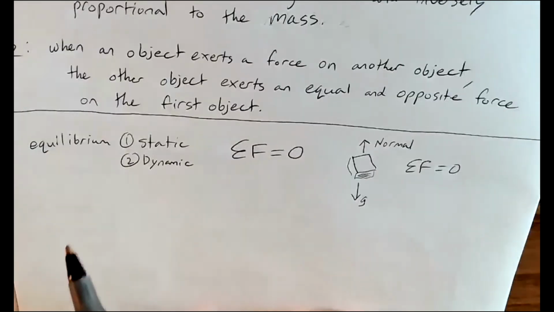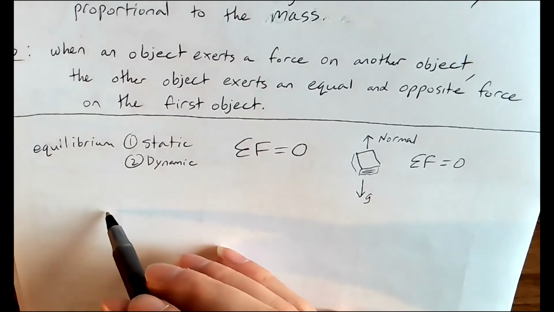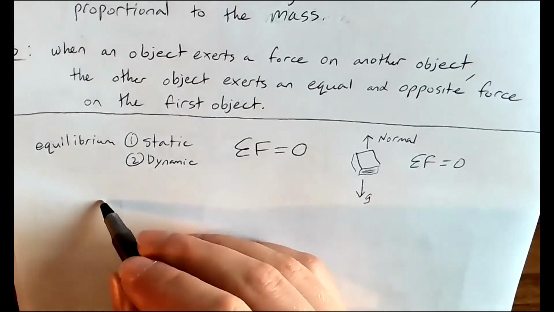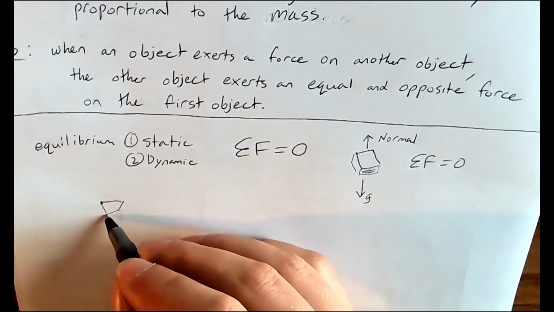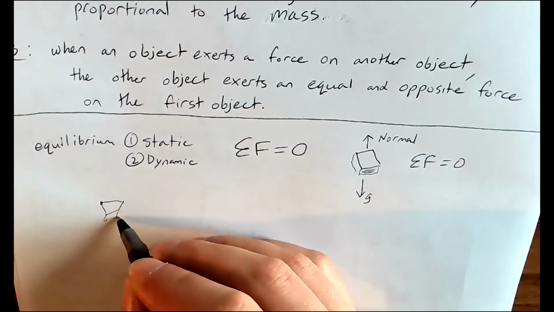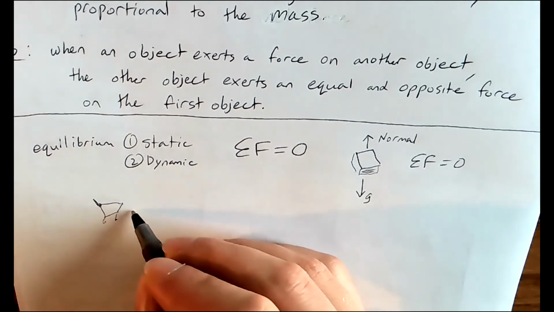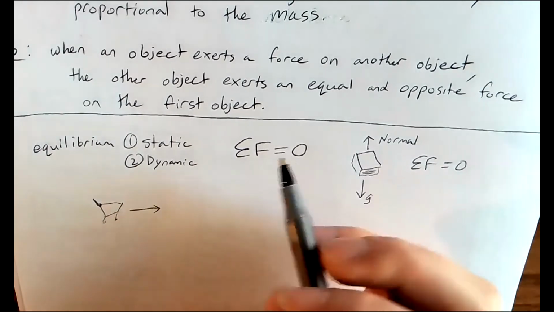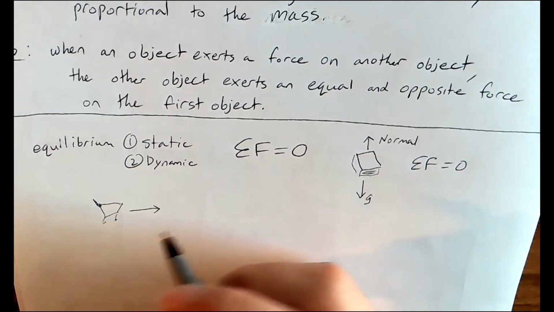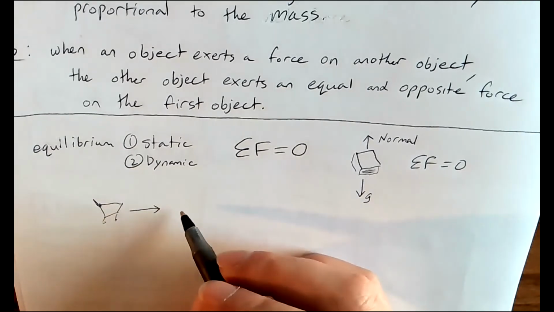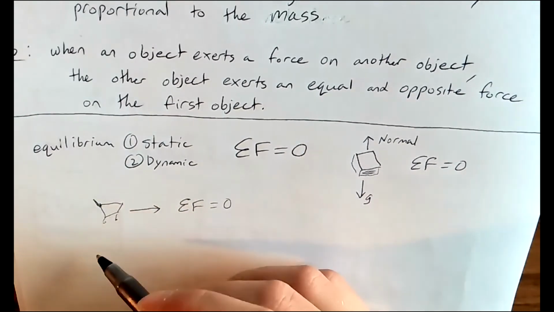However, there is also dynamic equilibrium. Something can be moving in a straight line. In the lesson, we talk about a grocery cart. Little grocery cart, yeah. And then if it's moving at a constant velocity, the sum of forces is also 0, but it can be moving.